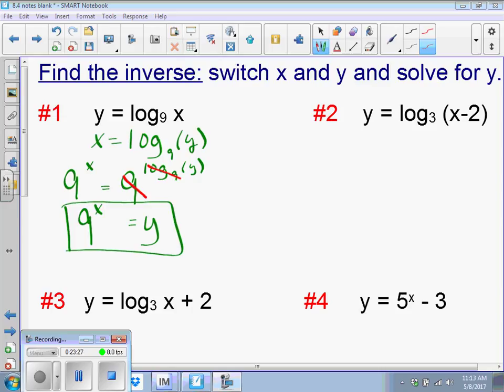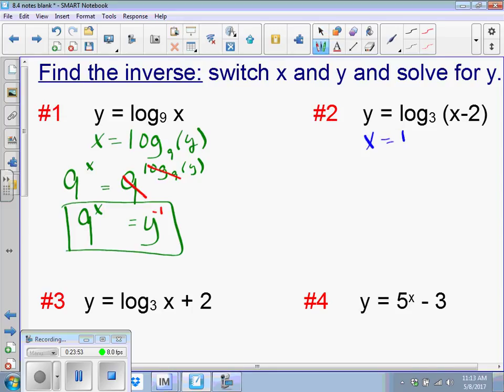So this is the inverse, and remember, you might see that written with the little -1. That just means the inverse of y. You don't have to put that, though. It's just a name, a label, a way to show the difference between the original function and the inverse function. So we started with a log, and the inverse was the exponential. Now, number 2, switch x and y.